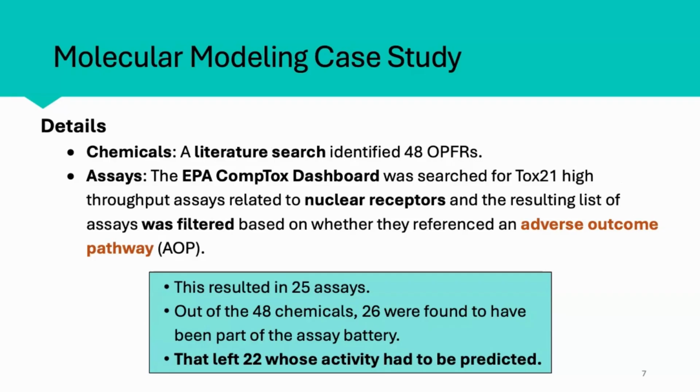From this sort of screening, they found 25 assays of interest. They found that out of their 48 OPFRs, 26 had been tested as part of the assay battery of 25 assays. So that left 22 chemicals whose activity had to be predicted.